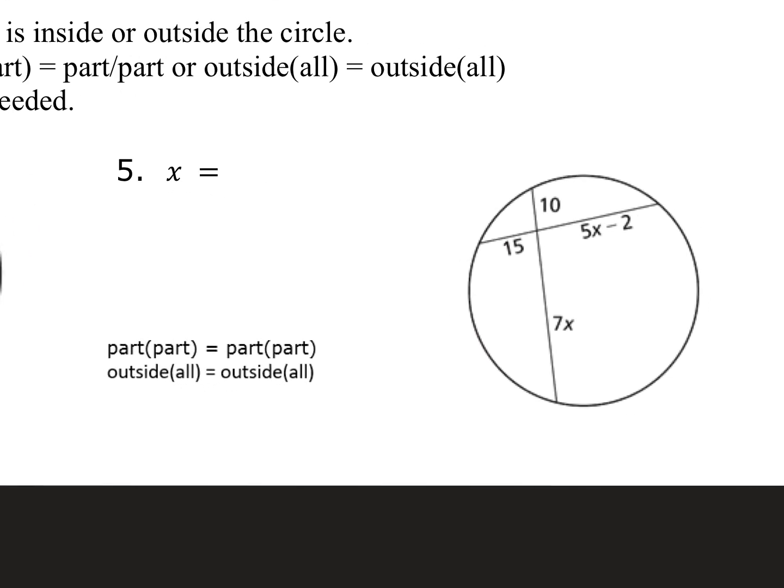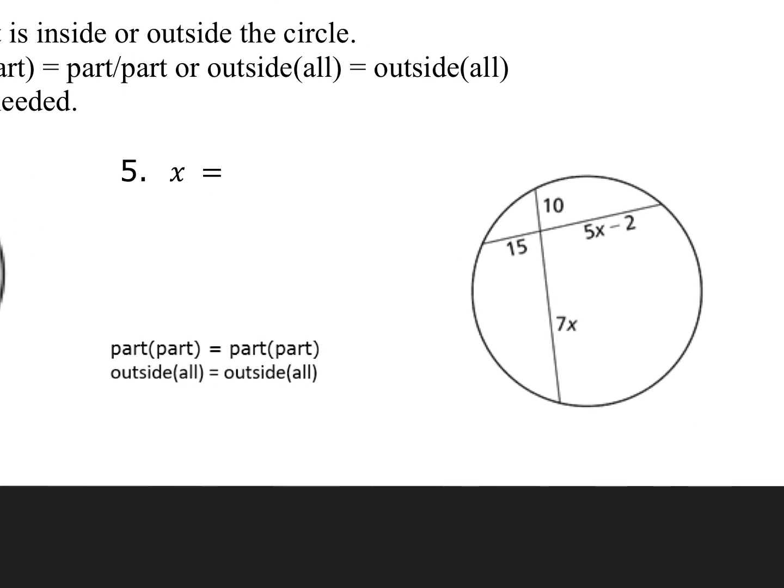For question number 5, again, we need to start by identifying where our intersection is. On this question, again, our intersection is on the inside of the circle, so we are using our part times part formula. And let's go ahead and identify those sections. I'm going to start with the 15, so we have 15 times.